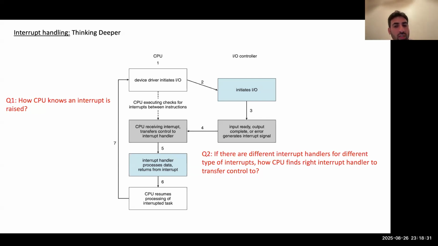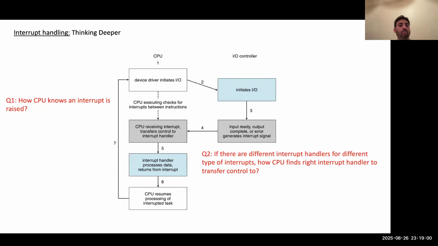So it means that for the interrupt coming from the disk controller and for the interrupt coming from, let's say, the USB controller, we need to invoke different handlers, or different interrupt service routines. So the question is: how does the CPU find the right interrupt handler to transfer the control to? For example, for the interrupt coming from the disk controller, we need to transfer the control to interrupt handler 1.